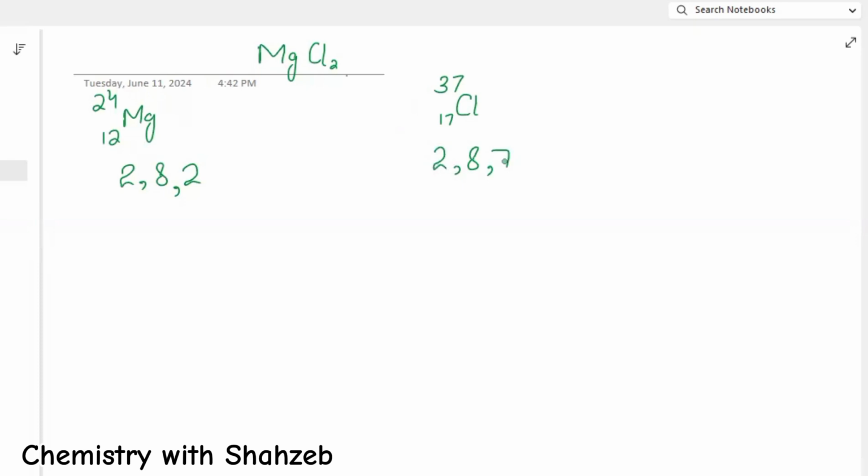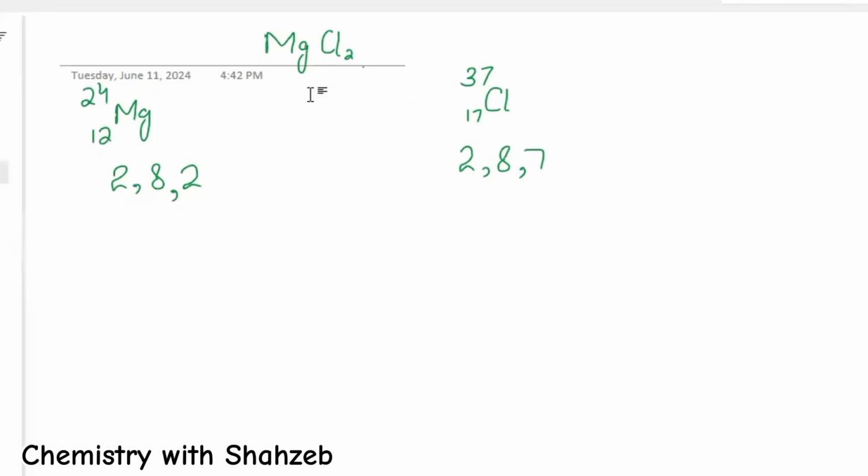In order to complete its outermost shell, magnesium has to lose two electrons, so it would combine with two chlorine. Magnesium chloride is also an ionic compound. So magnesium has to lose two electrons to attain the noble gas electronic configuration.